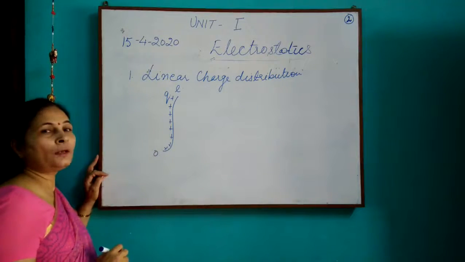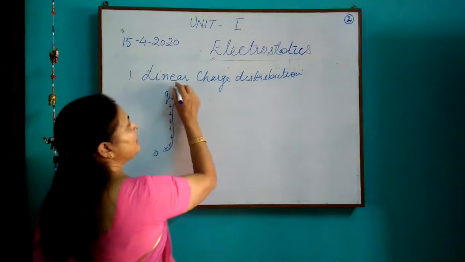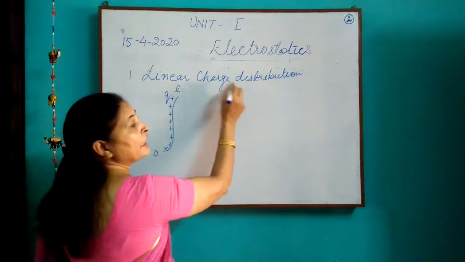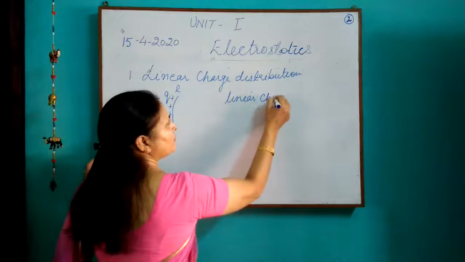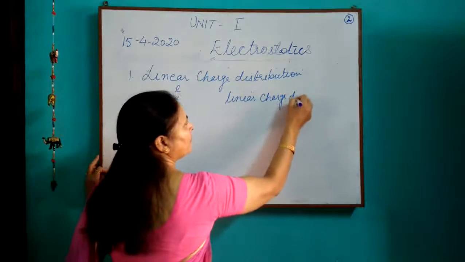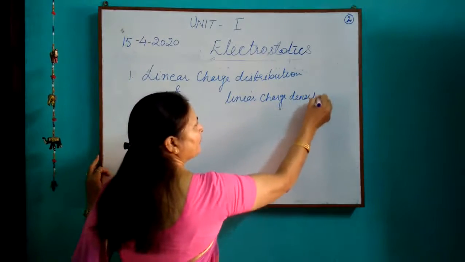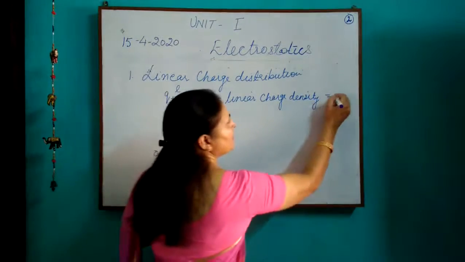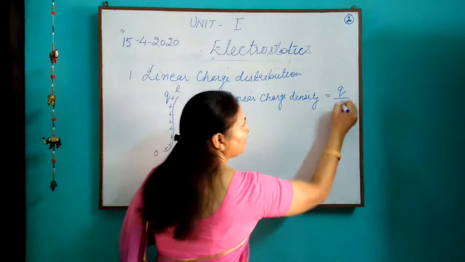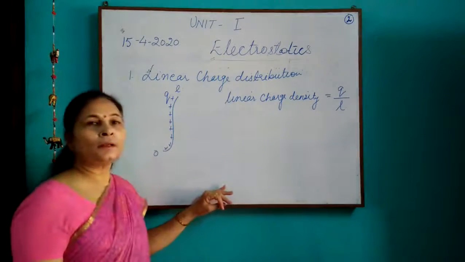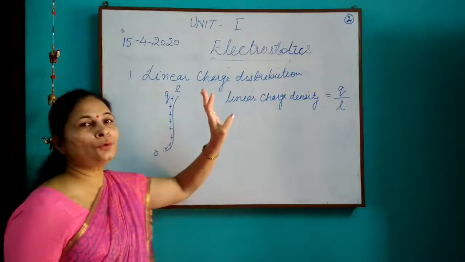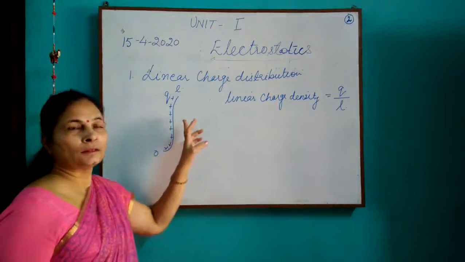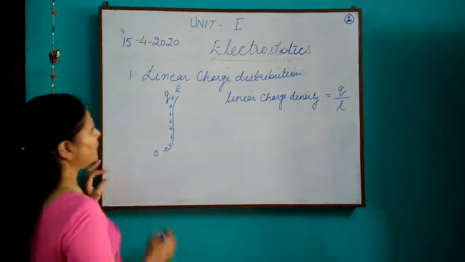Here we define one new term which is known as linear charge density. That is the charge upon the length over which the charge is distributed. And see how you can now use Coulomb's law.